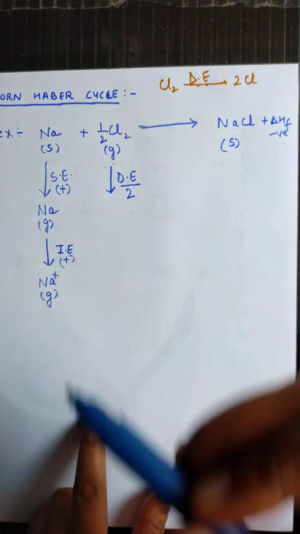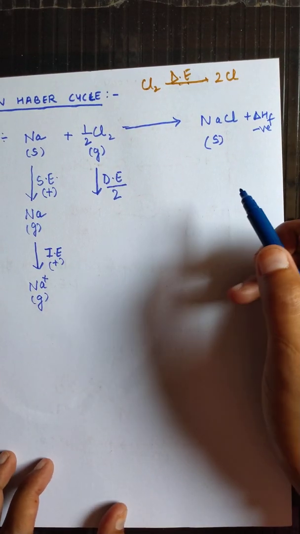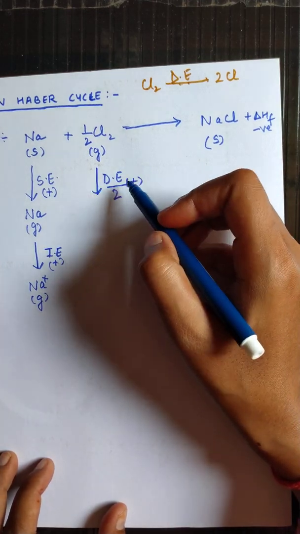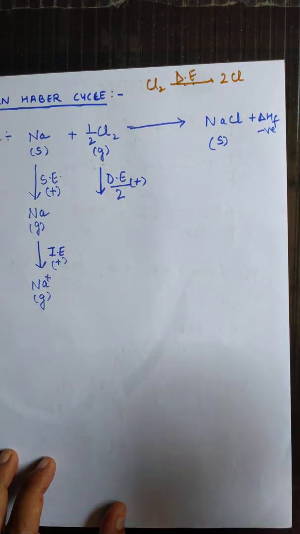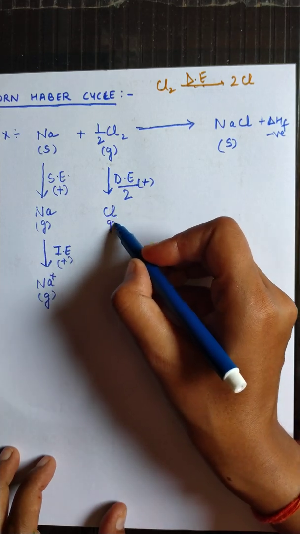So we can write it like this, dissociation energy upon 2. The value of dissociation energy will be positive, okay, because it is required by the molecule to break down, and afterwards we are getting the Cl, that is a gaseous atom.